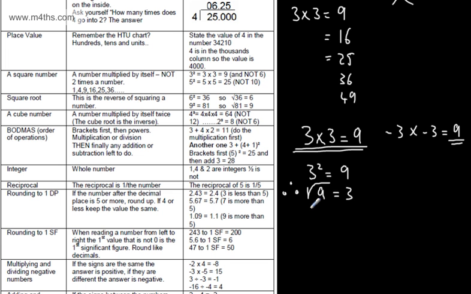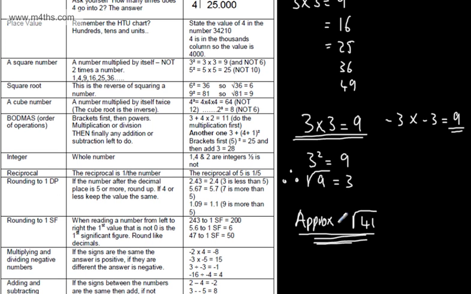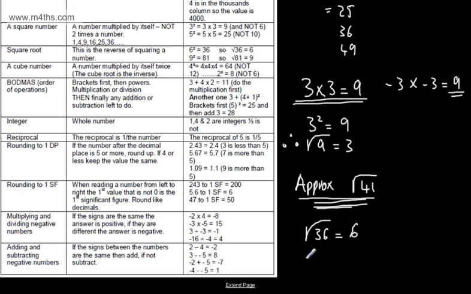Okay, now again, going back to a typical exam style question. Recently, exam style questions have been coming up and they said approximate or find an approximate value of the root of 41. And this would be on a non-calculator paper. Now if we think about this, we can work it logically. I know that the square root of 36 is going to be equal to 6. 6 times 6 is 36, so square root of 36 is 6.